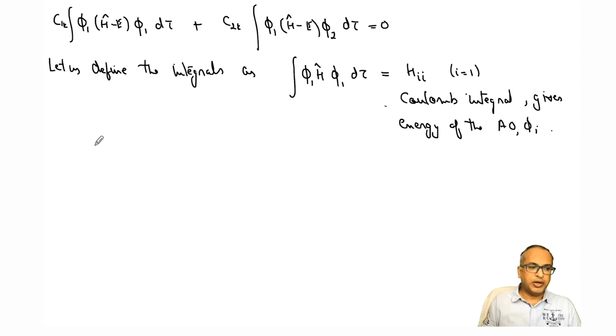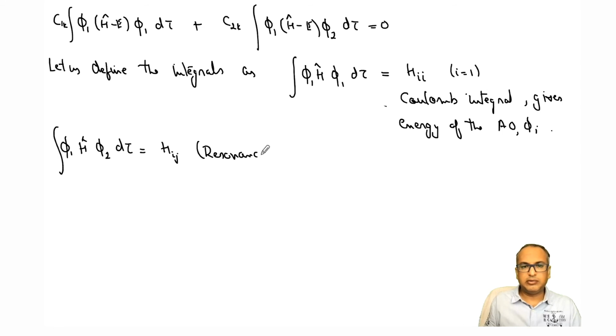Now the second one, which will come from here, phi 1 h phi 2 integration d tau. This can be called Hij, and this is called the resonance integral. In this case, I is equal to 1 and j is equal to 2, right?